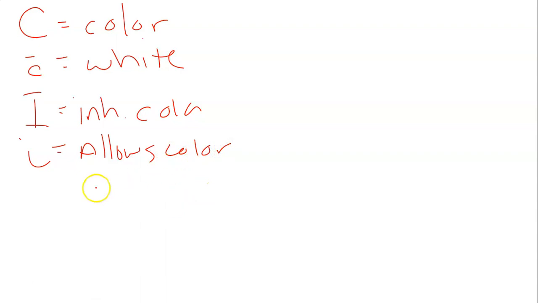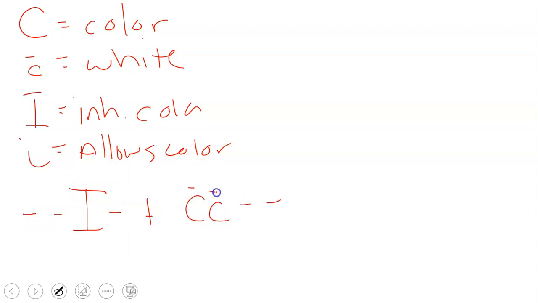So it says this is an example of epistasis, and consequently both I, dash, dash, and little c, little c give you white feathers.